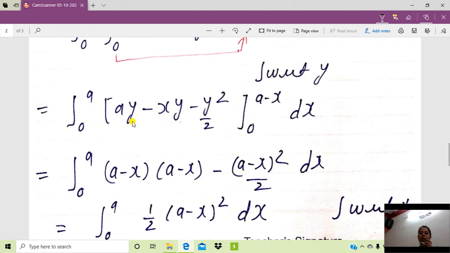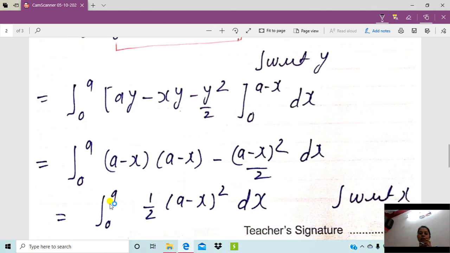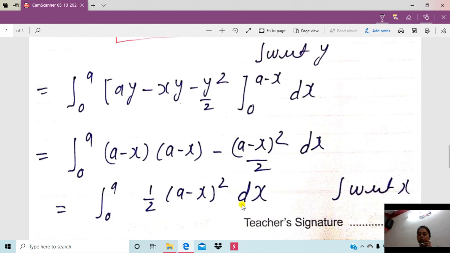Here we can take y as common, so it will be a minus x into a minus x, and in place of y we put a minus x, so it will be minus a minus x whole square by 2, dx. So it is now a minus x square minus a minus x square by 2. So finally the integration is now integration between the limits 0 to a, half, 1 by 2 of a minus x whole square dx.